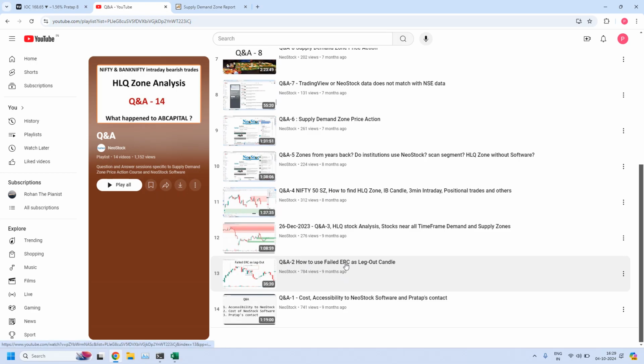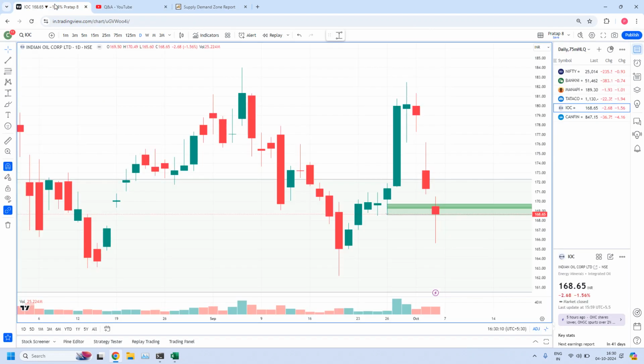Q&A 2, how to use a failed ERC candle as a leg out. At that time I explained a concept called dynamic view. This dynamic view you will understand once your experience grows. There I explained the candle view. This is the view when the candle is finished. But at some point of time, you see, the candle was rallying.